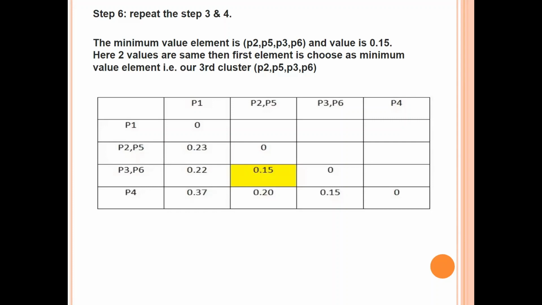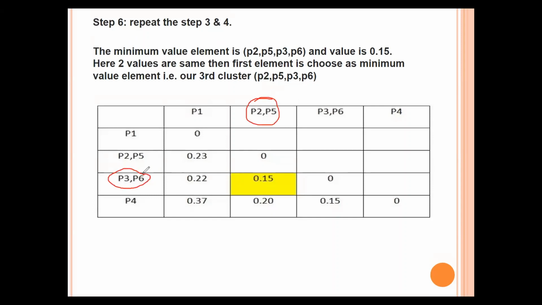So my next cluster would be P2, P5 and P3, P6, so it would be P2, P3, P2, P5, P3, P6. Now we have to find the distance of P1 with P3, P6, P2, P5 and with P4 also. How will we do it?